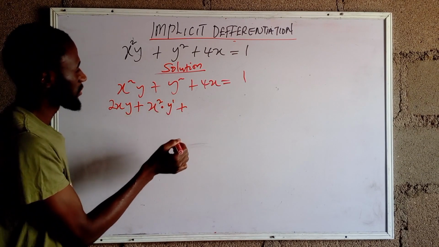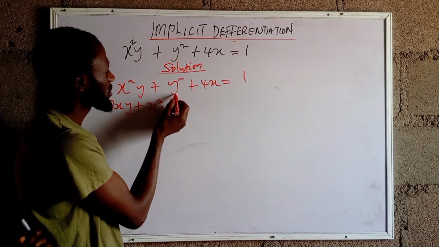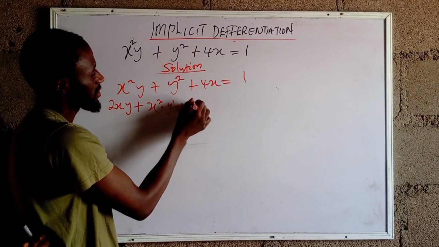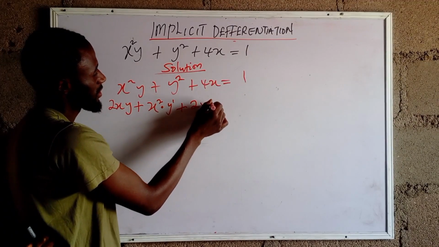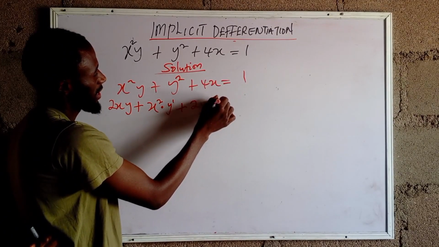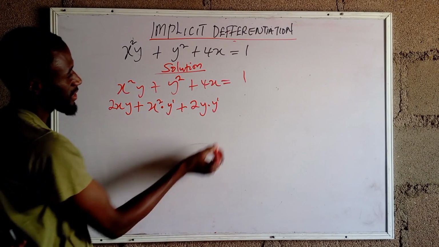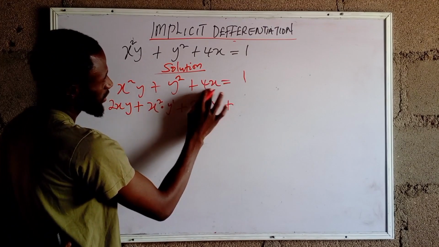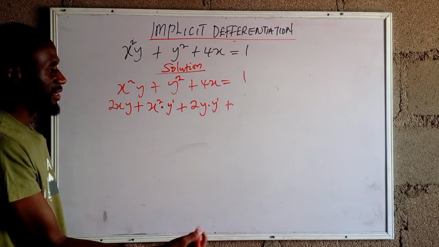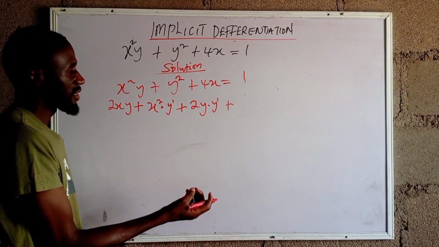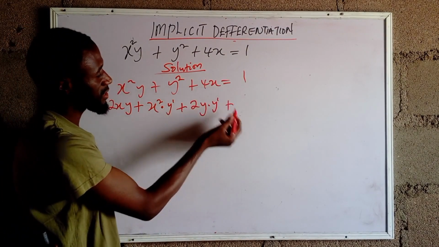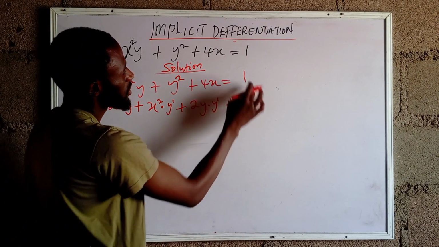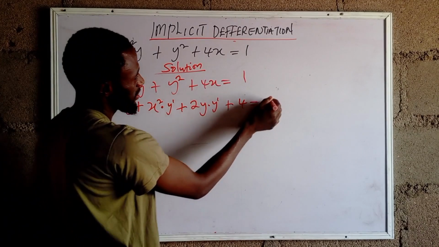Then plus, in the next case, this is y squared, which gives 2y multiplied by y prime. Then plus, if you differentiate 4x, since this one doesn't contain y, you can just differentiate 4x as 4. This is equals to, if you differentiate a constant, here will be 0.